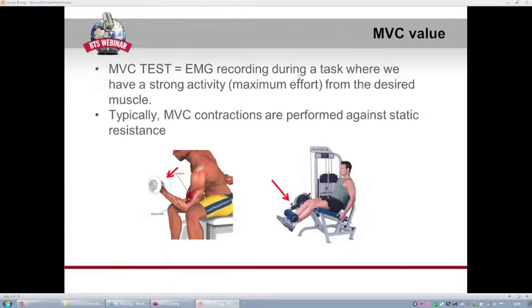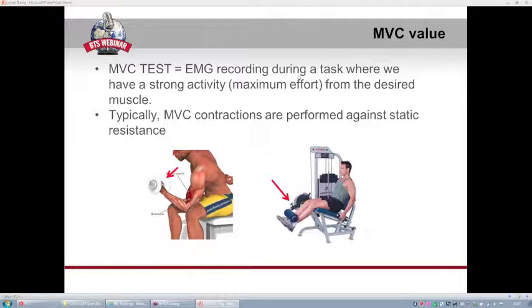During an MVC test, we record the EMG signal while the subject is performing a task which requires a strong effort from the desired muscle. Typically, during that test, the muscle has to resist against a static fixed load, acting in the opposite direction. So the maximum voluntary contractions are performed against static resistance, and normally they are isometric contractions.